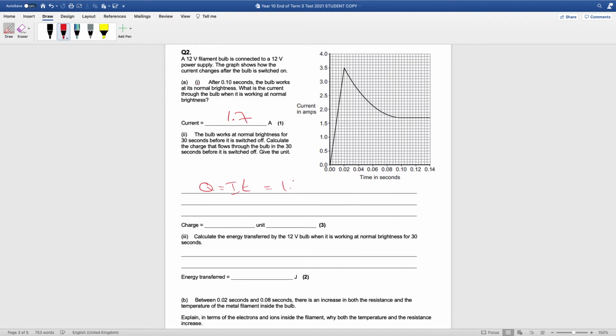So the current, 1.7 times 30 seconds, 30 times 1.7 gives you 51. And the units are capital C for coulombs or all lowercase coulombs. And I would look to make that more obviously lowercase.